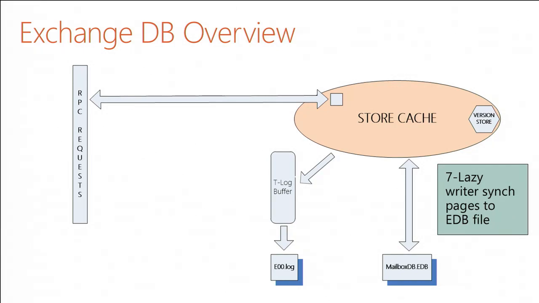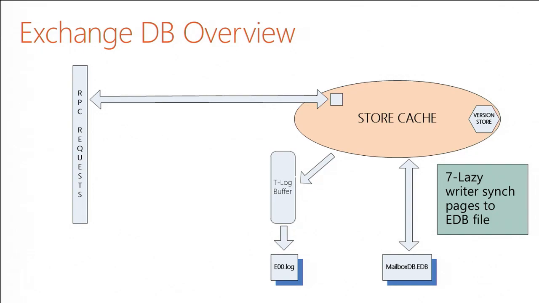Actually, here is a very important concept. There are two types. We have a flush of the page, which is basically syncing the page. The page is still in memory, but I just replicate the content of that page to disk. So if anything happens, the EDB file is already up to date. Or there is a purge, where I'm taking the page out of memory.